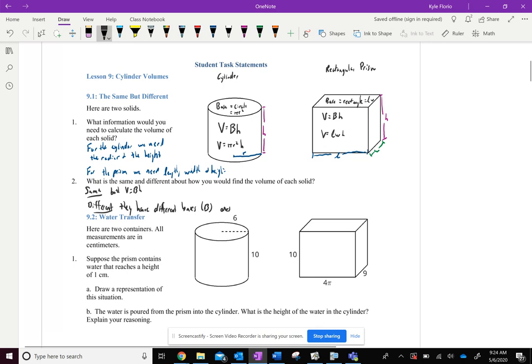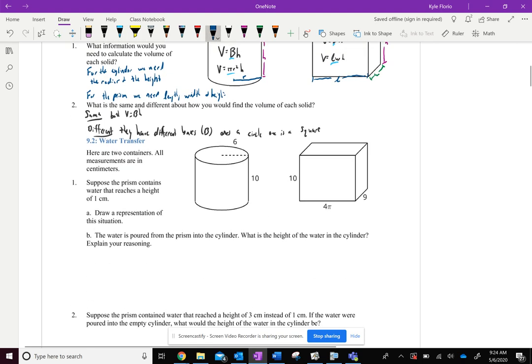Right, one's a circle, one's a rectangle. Okay, so what's the same and what's different? Well, they both have the same formula, right? Base times height. But the base for the cylinder is a circle, so the base is pi r squared. The base for the rectangular prism is a rectangle, so the area of the base is length times width. So they're very similar. There's just a slight difference that they have different bases.